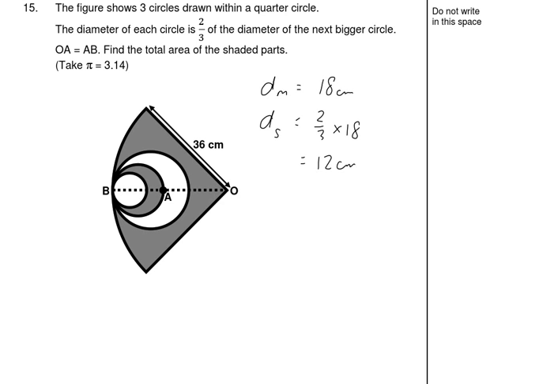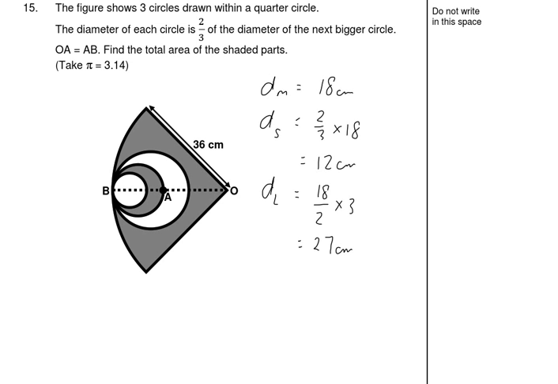Because I know that the medium is actually 2/3 of the large, right? Yes. Correct or wrong? So, to find the large is actually 18 divided by 2 times 3, right? Which equals to 27 cm.